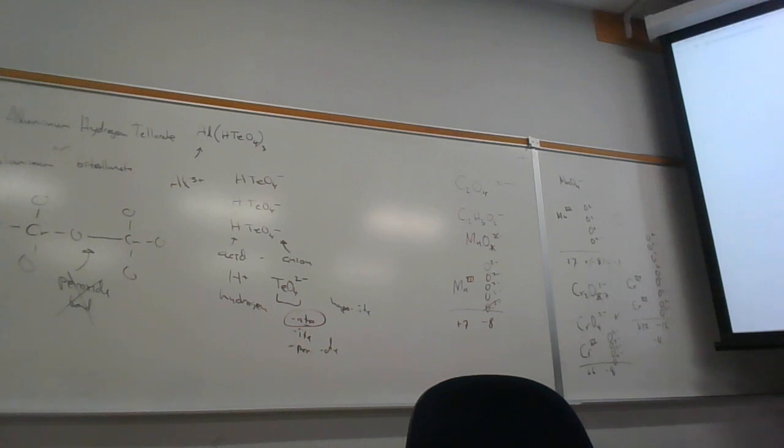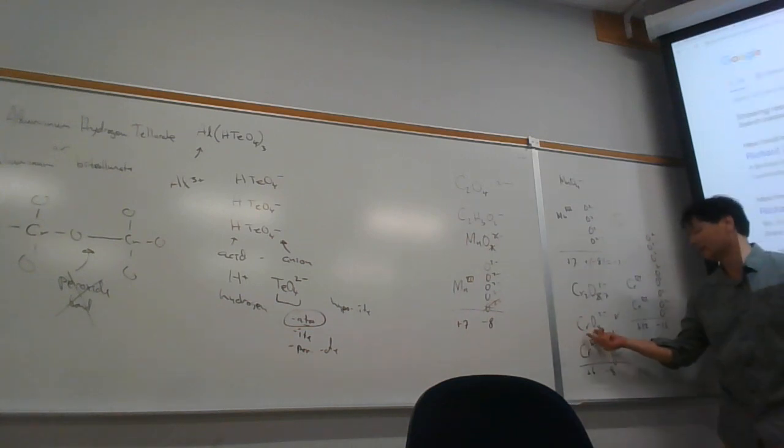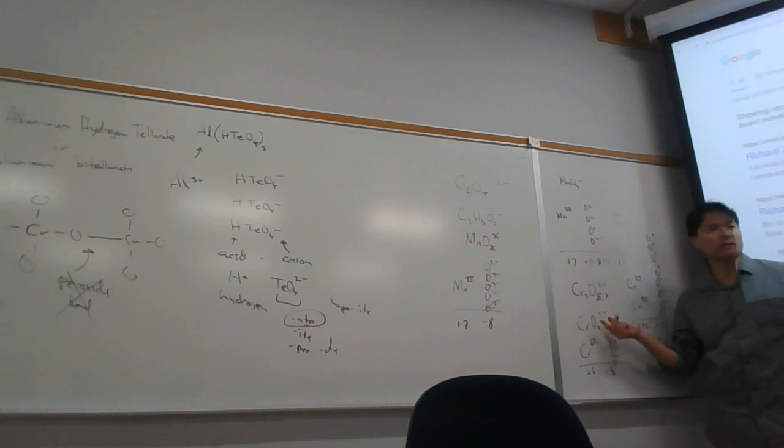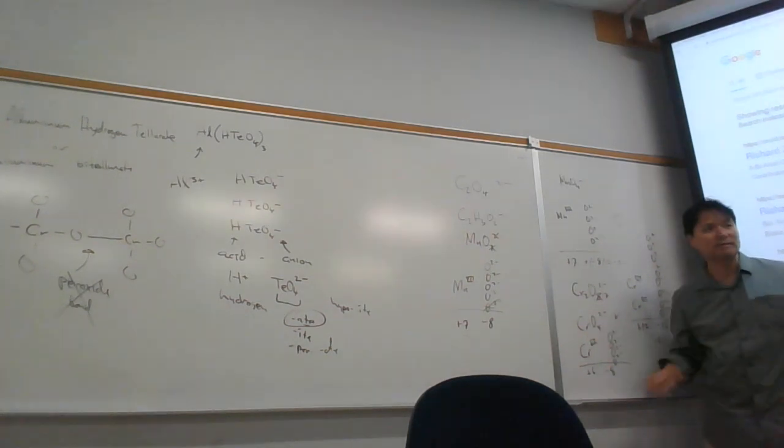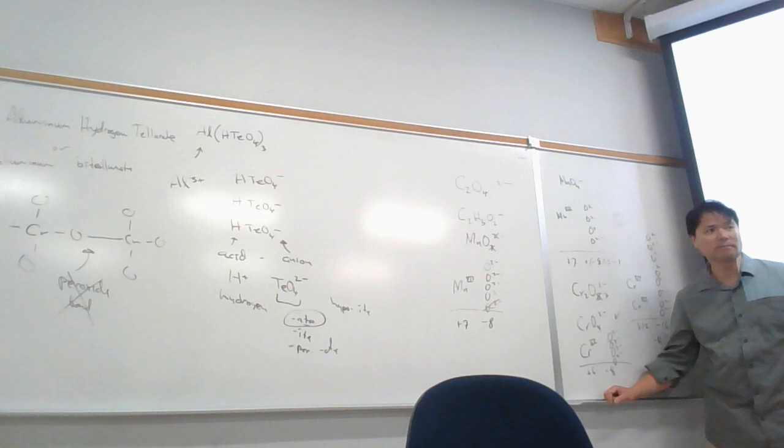So how do you know dichromate is Cr2O7, 2 minus? What's the concept behind that? How do I know? Well, if you know the chromate is CrO4 2 minus, then dichromate should be 2 chromates linked together.